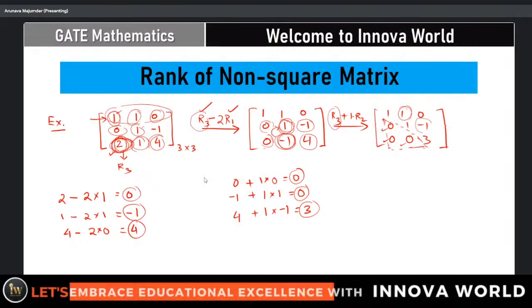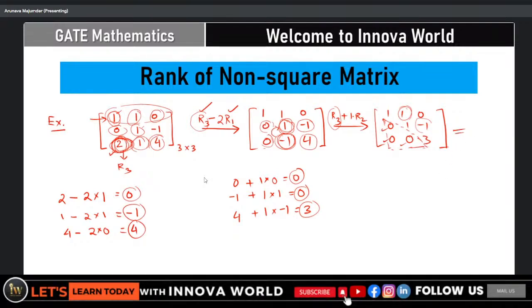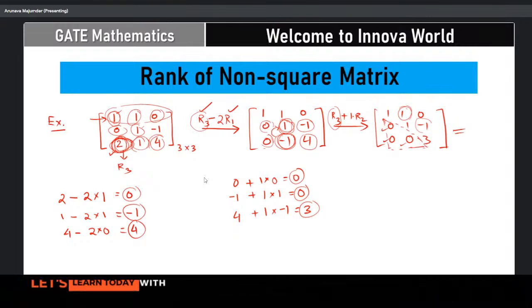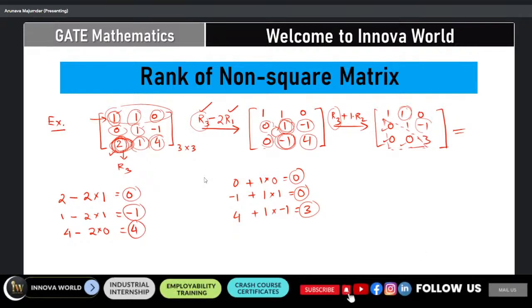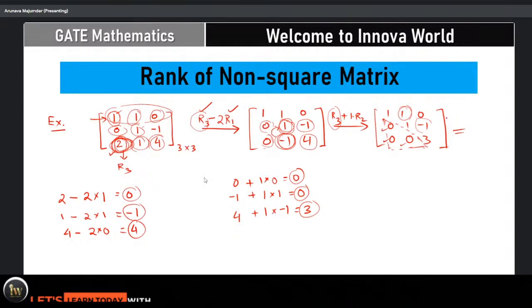Now this is the last operation, this is the last matrix. Now you need to count the non-zero rows. How many non-zero rows are there? I already told you a zero row means all elements of the row must be 0. Is there any row like this? No. First row 1 1 0.